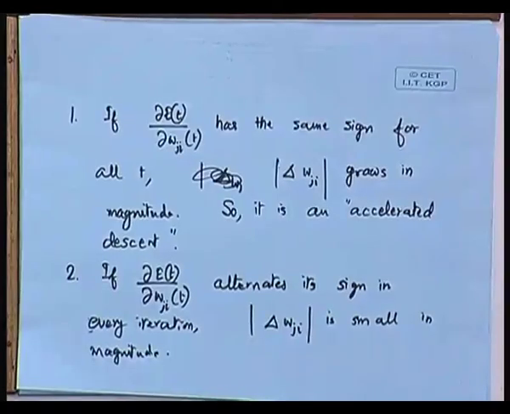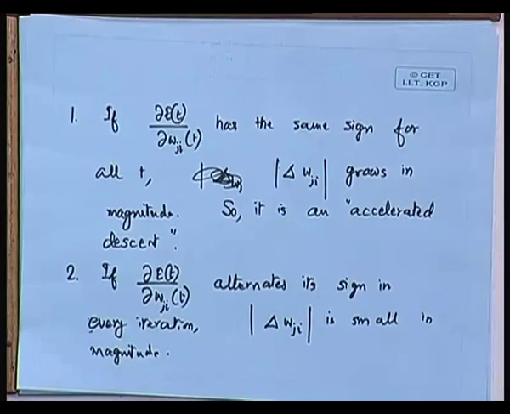So definitely it is stable, and with stability it is possible for us to have an accelerated descent. That of course depends on what the derivative of the E term is with respect to Wji. And the other possibility is that it is small in magnitude, and then definitely it stabilizes.